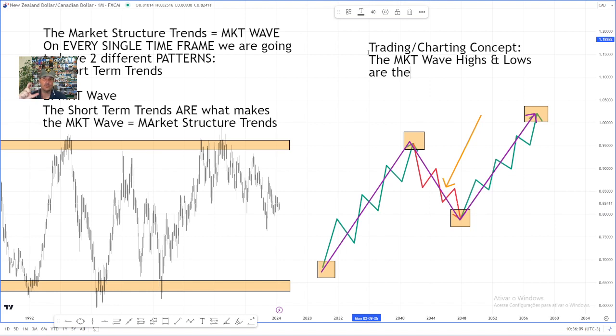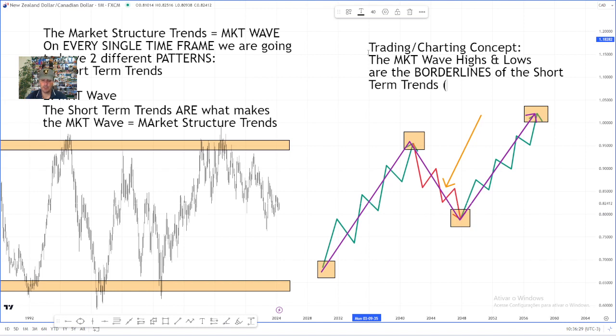So the market wave trading charting concept uses a similar concept. So the market wave highs and lows are the borderlines of the short term trends.